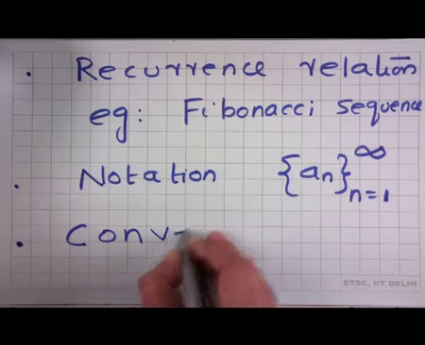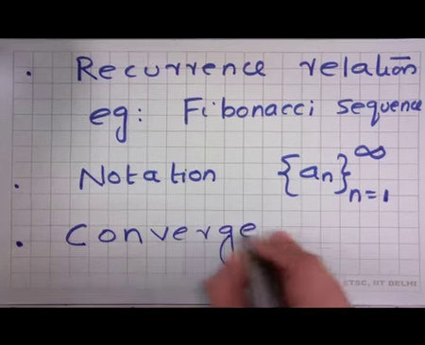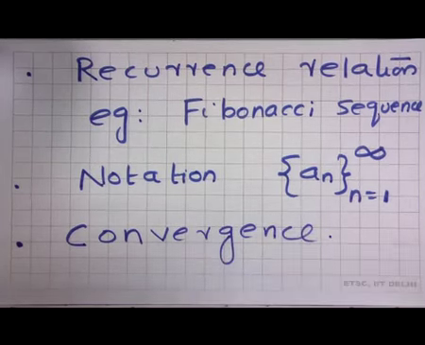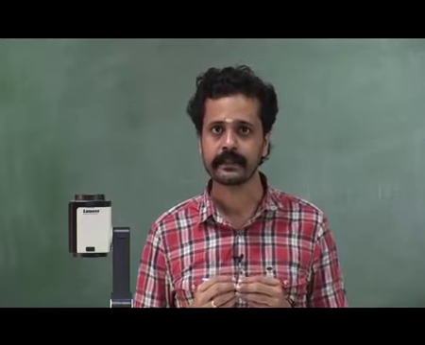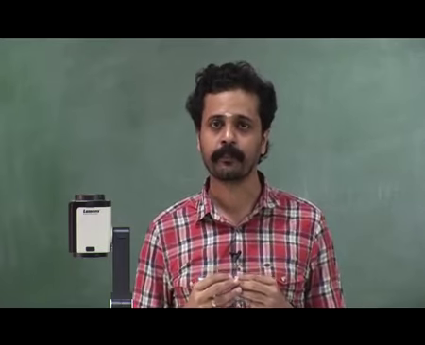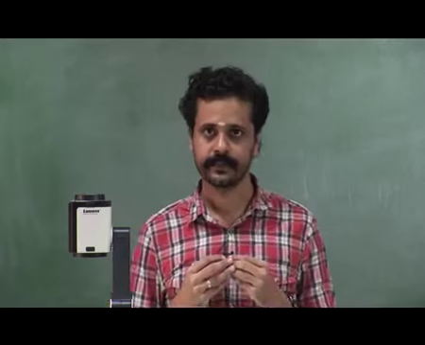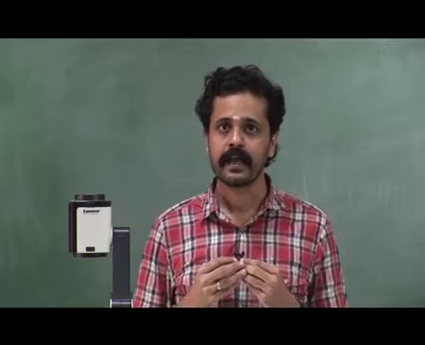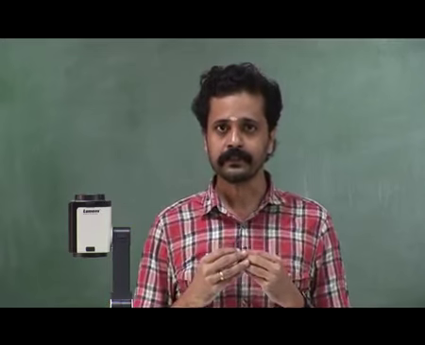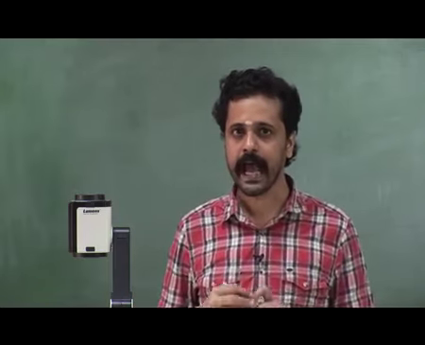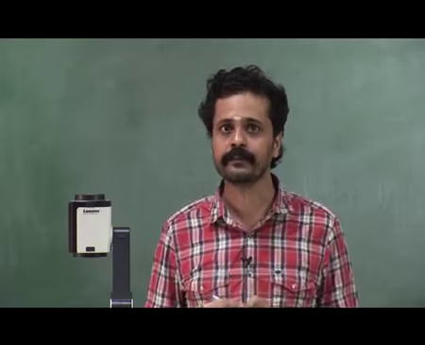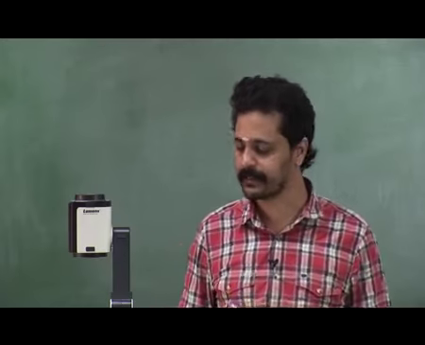Lastly, though not rigorously, we introduced the concept of convergence. In convergence, we investigate the behavior of a sequence as terms progress. In other words, we observe what happens to the terms of the sequence as n becomes larger and larger.